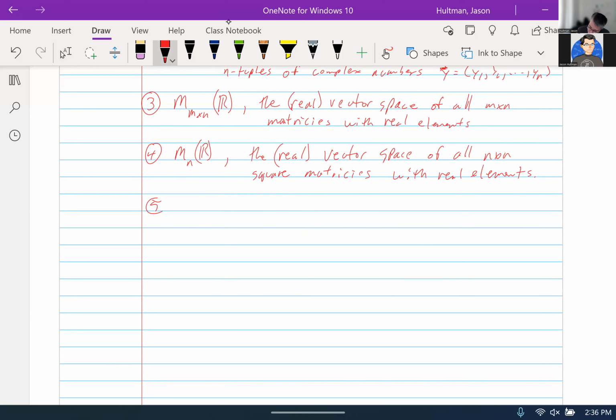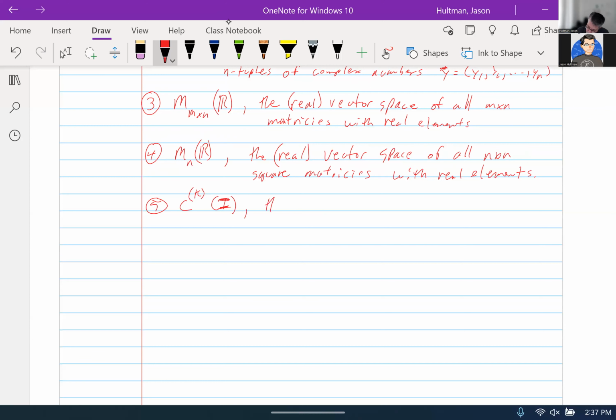Number 5. C, this is actually a C, not a script C. And then k is in parentheses, that means derivative. That's the kth derivative of C of I. And so what is this?